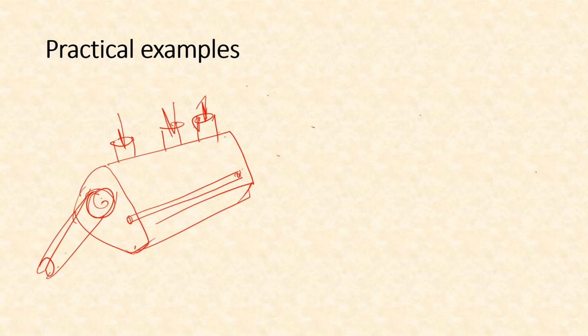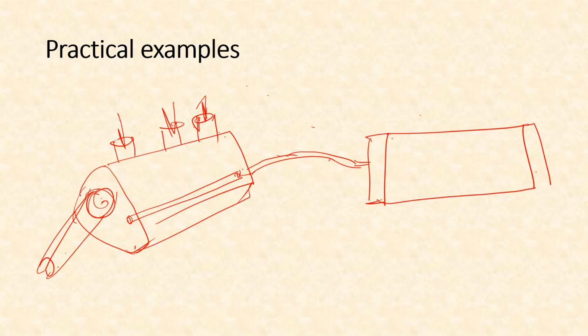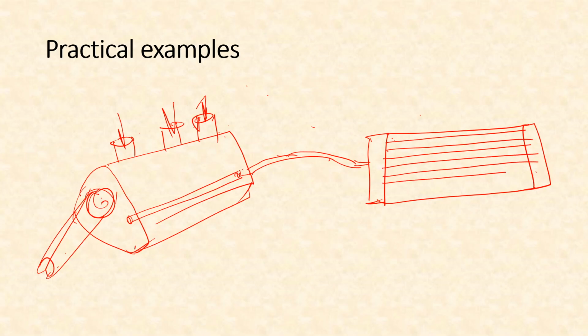and those tubes will be moving through a radiator. Suppose we have a tube, and this tube will run this water through a radiator like this. This radiator will have lots of small metal tubes through which this water will be passed.